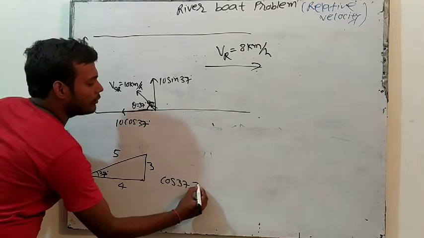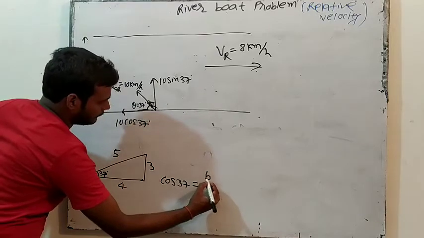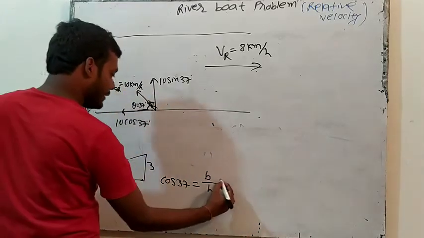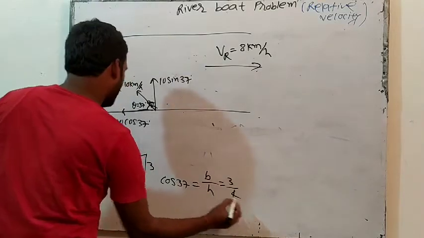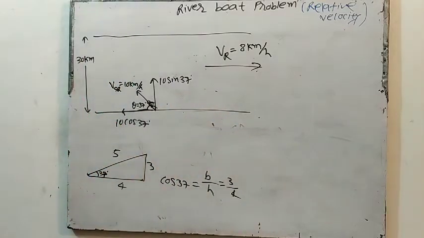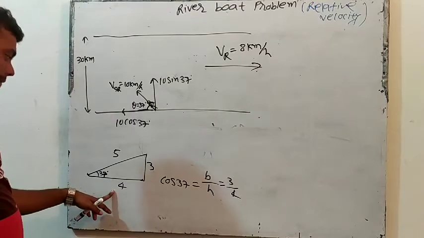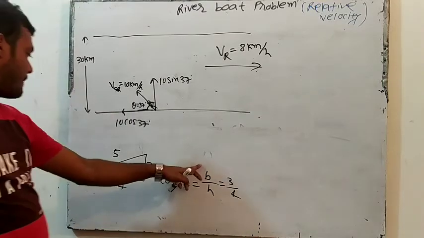Cos 37 is equal to b by h. So this will be 3 by 4. So this will be 10 into 3 by 4. Oh, right now? No. Cos 37 is base.